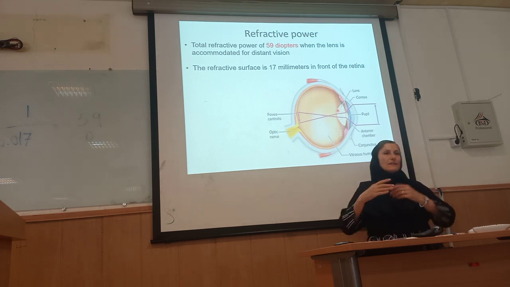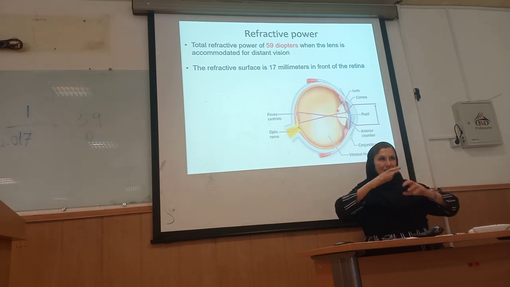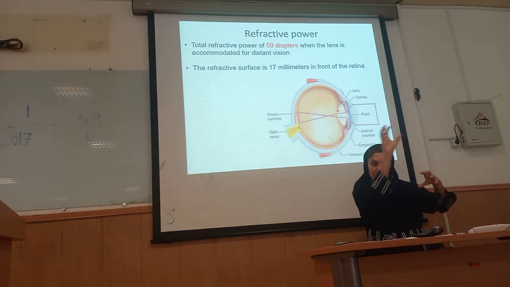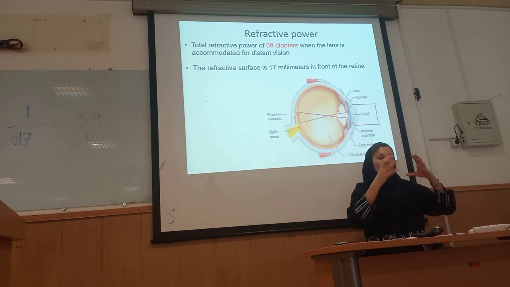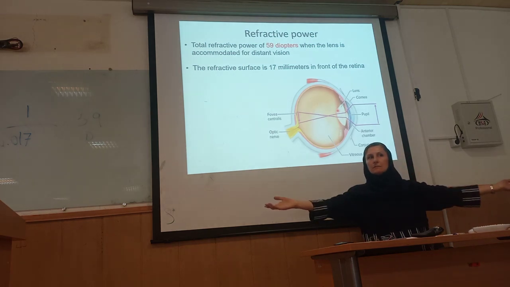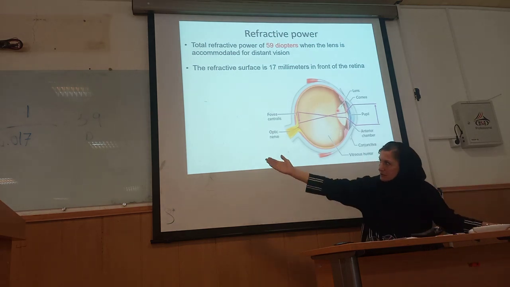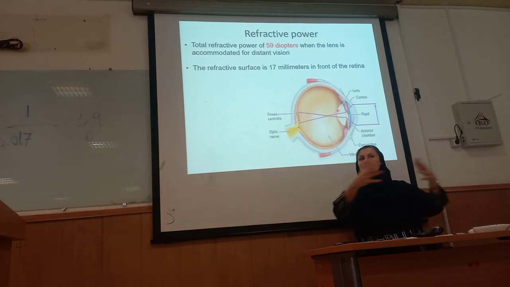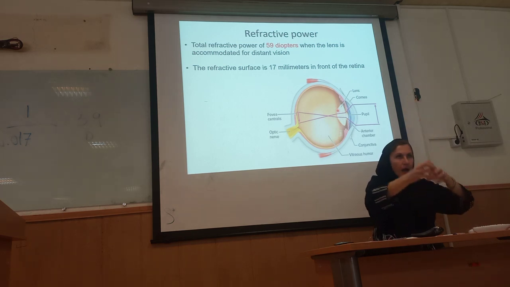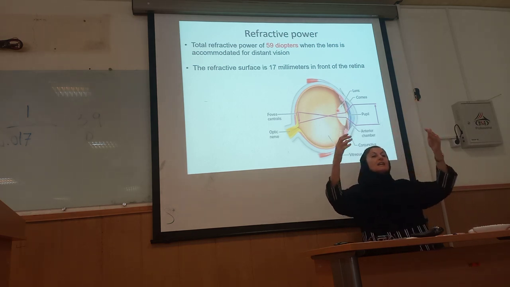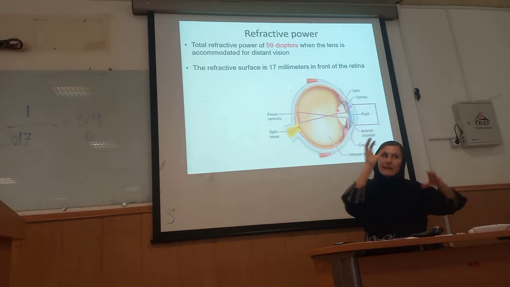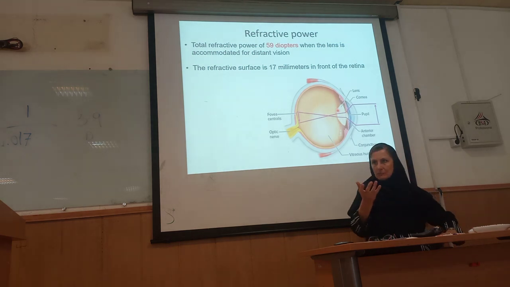When we want to explain the power of the structures of the eye for bending the light, we say this is refractive power and has a unit, and this unit is diopter. What is the refractive power? The power of the structures in the front of the eye that can bend the light for focusing on the retina. Just this, okay?